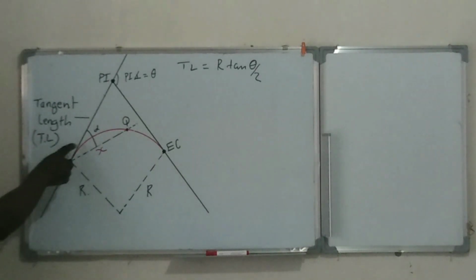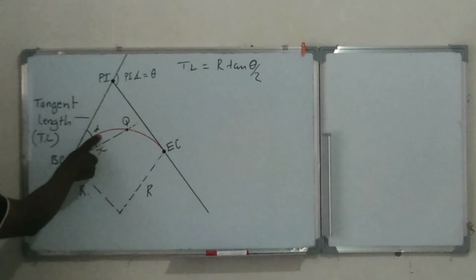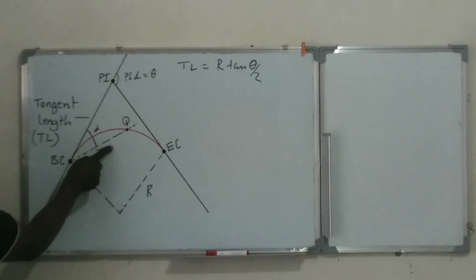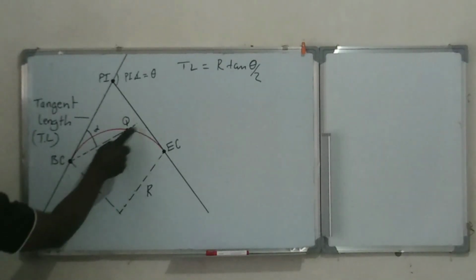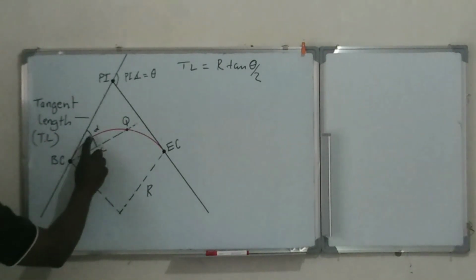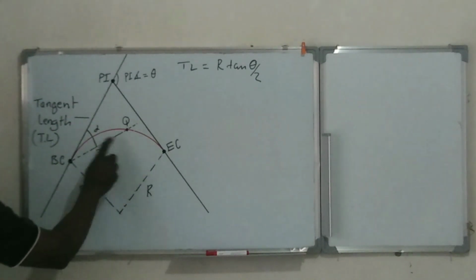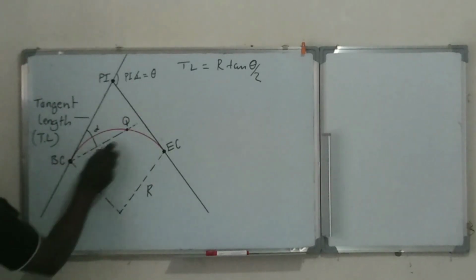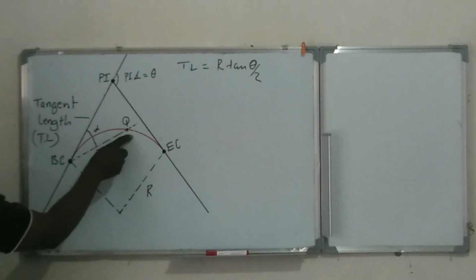Then we calculate an angle alpha, which we must swing the machine from this line to get to this ray here, this line here, along the chord. Remember, we cannot sight our machine along the red line. It's a curve. We can only sight along a straight line, which is this line here, the chord. So that will get us to the point Q.